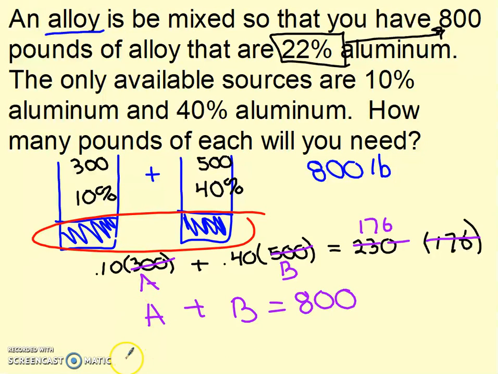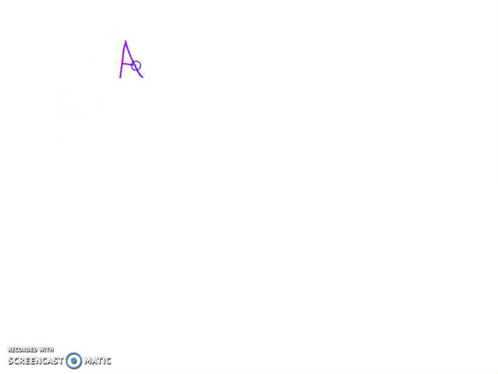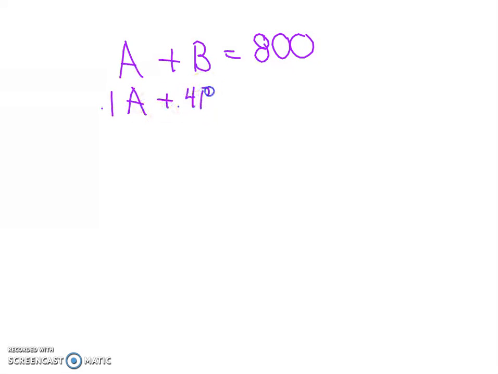Let me rewrite this other equation: 10% of A plus 40% of B is 176, and now you can use your skills of system solving to answer that question. I'm going to put it over here on a new page and rewrite it. A plus B is 800, and 10% of A plus 40% of B is 176. And now let's figure out some way to solve it.